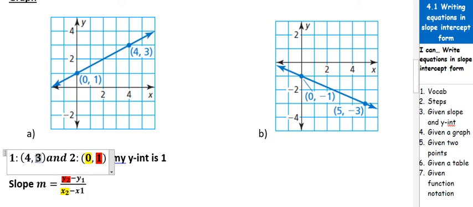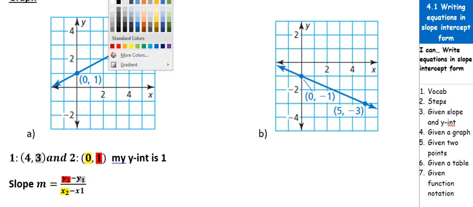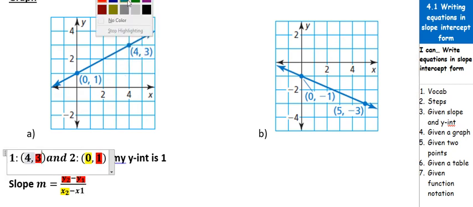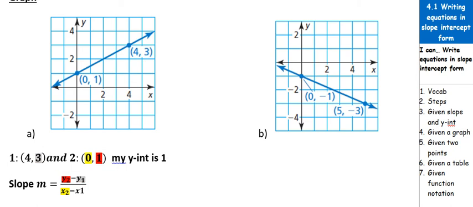That's 3. So this has its own color. It's the y value of the first equation.